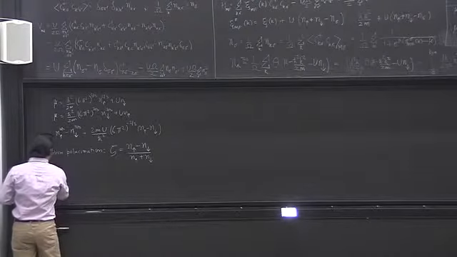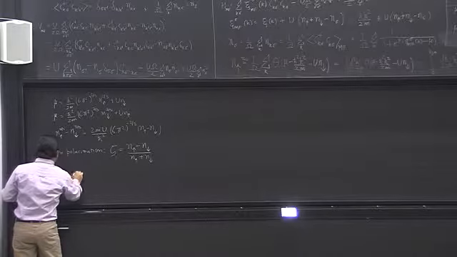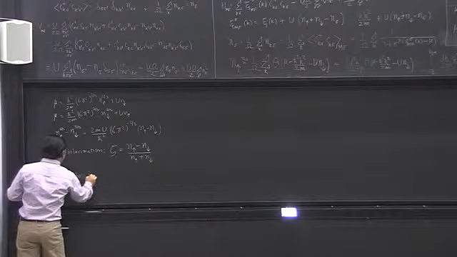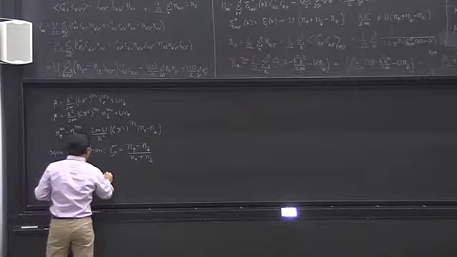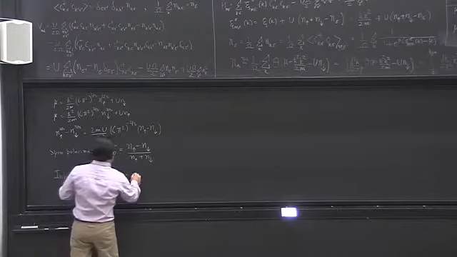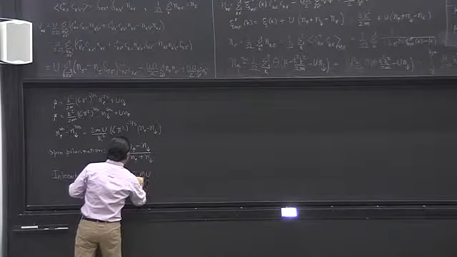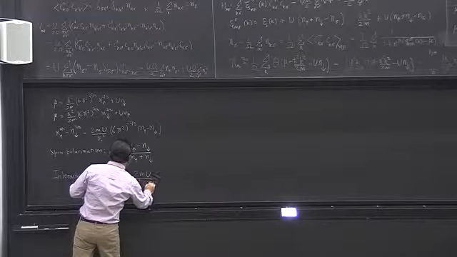And we'll define an effective interaction strength gamma as 2 mu over h bar squared.